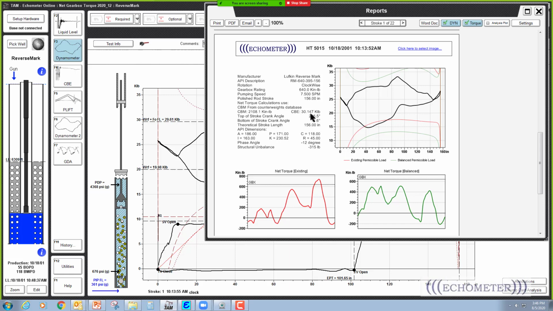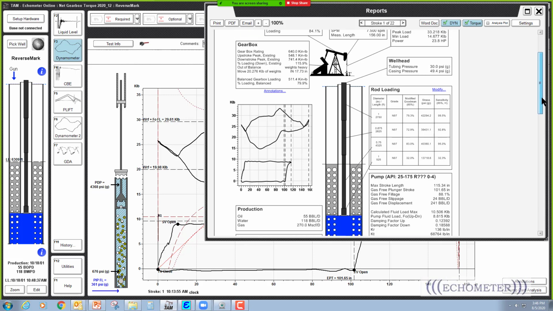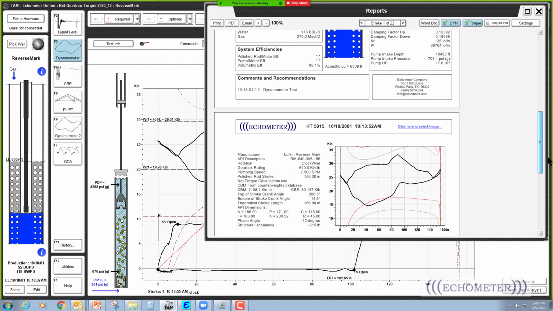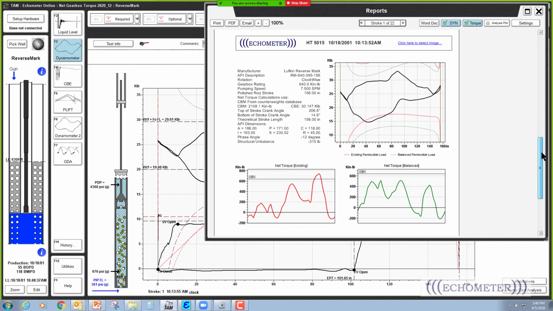It's overloaded by about 15%, which is quite a bit, so that's going to significantly reduce the life. I think if we were operating with a full pump, we'd probably not have an overload, but I don't have data to show that.